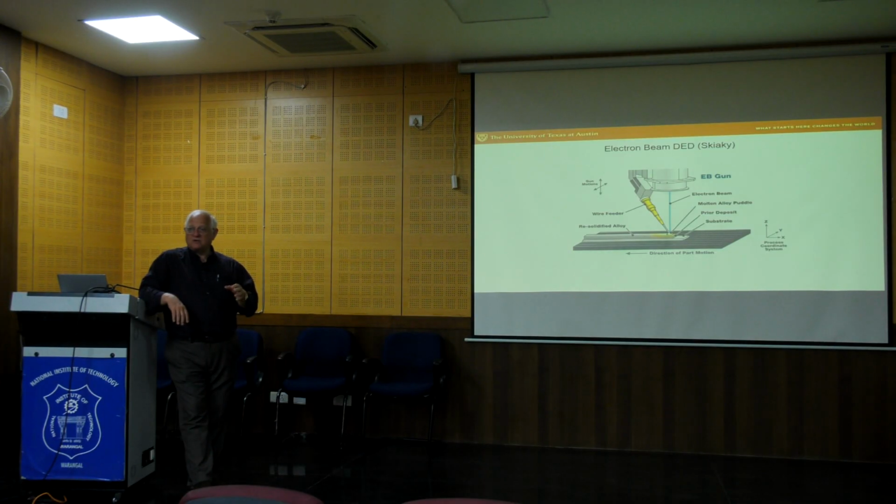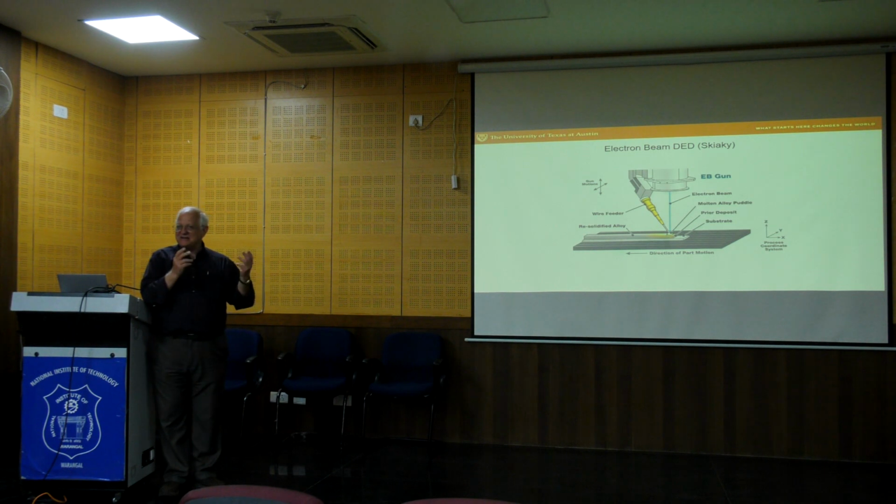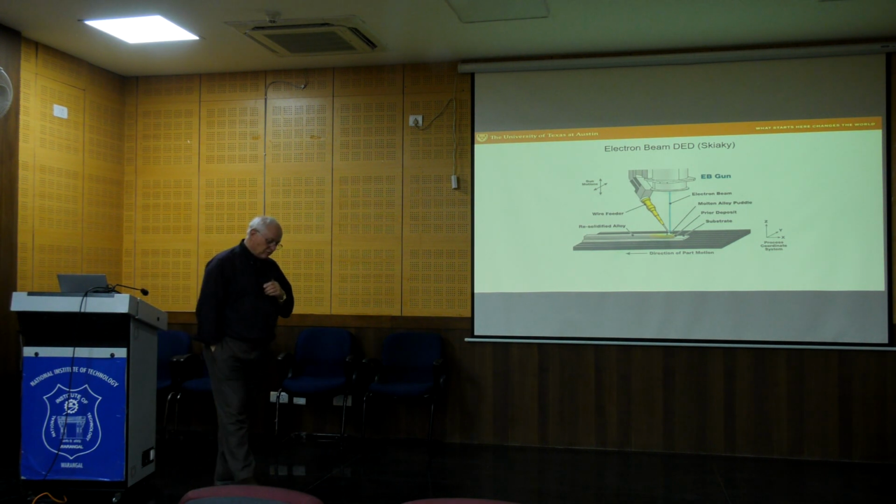And it's possible to deposit massive quantities of material very quickly with the Sciaky process. So it's used, I think, primarily in aerospace, building wing sections and things like that, very large parts.